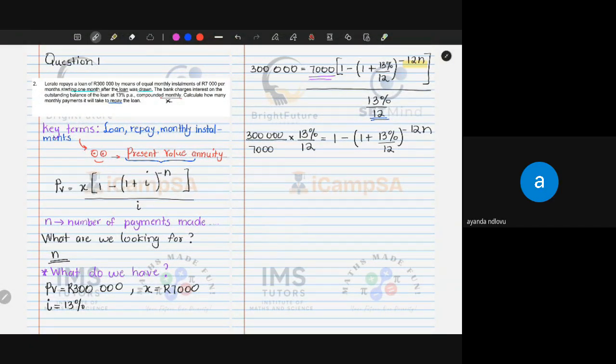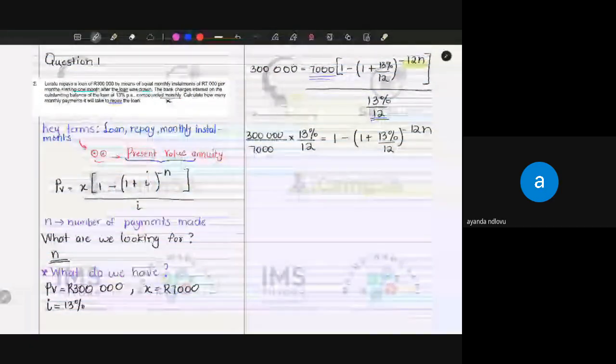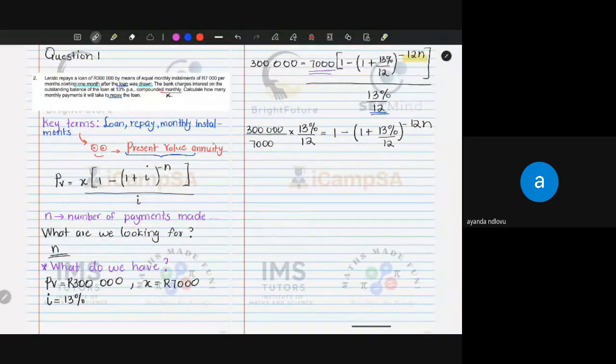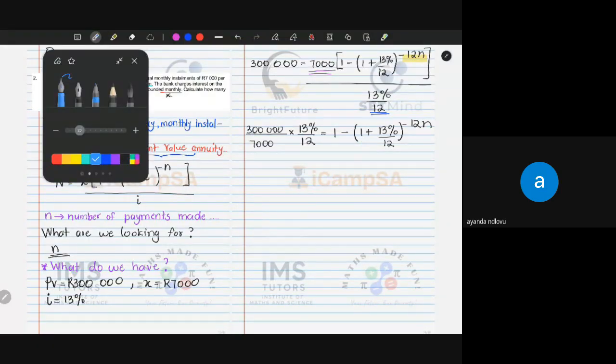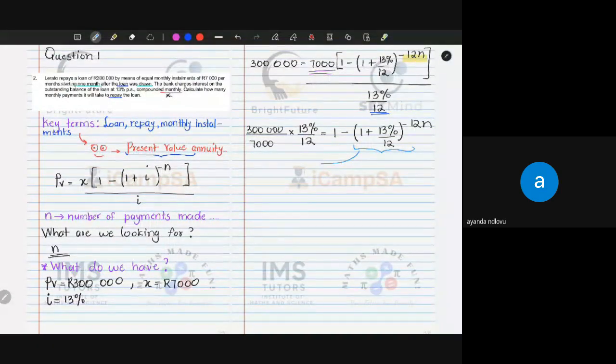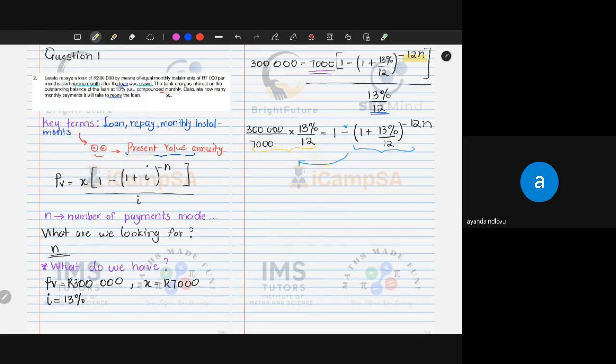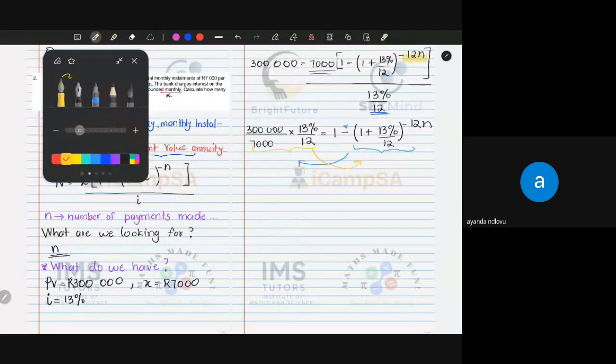Awesome, guys. Do we all understand what I did here? Right. So we're solving for n. So what I'm going to do is take this, transpose it to the other side because I'm avoiding working with the negative that is here. And then take what is on the other side, all of it, move it to the other side.